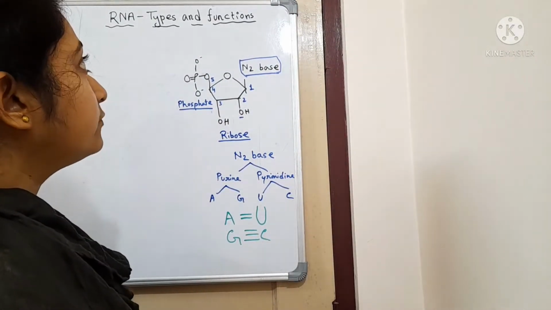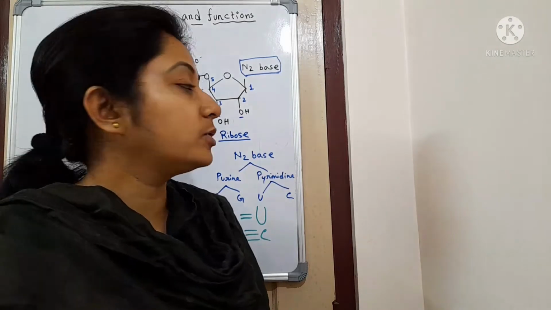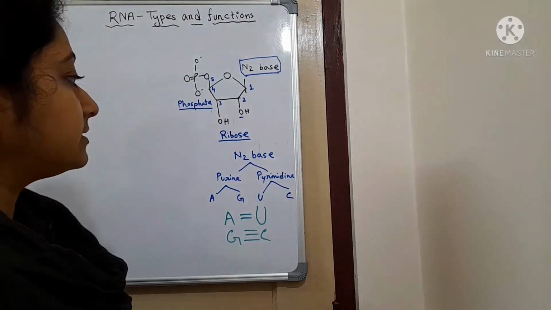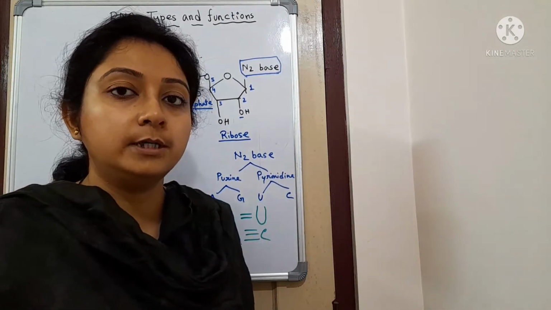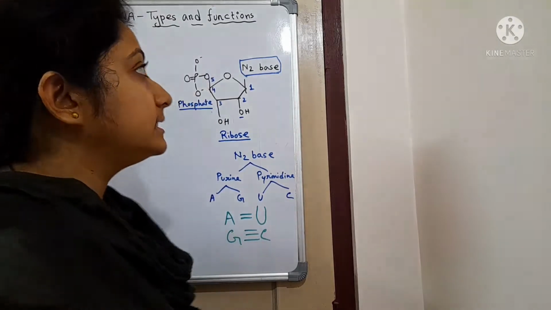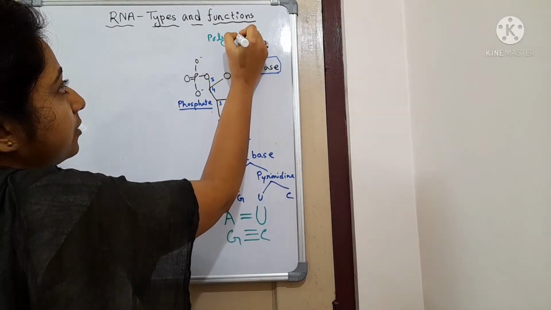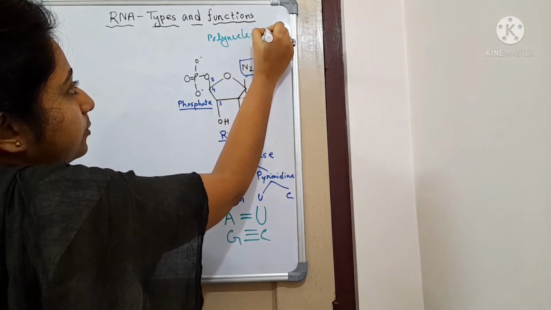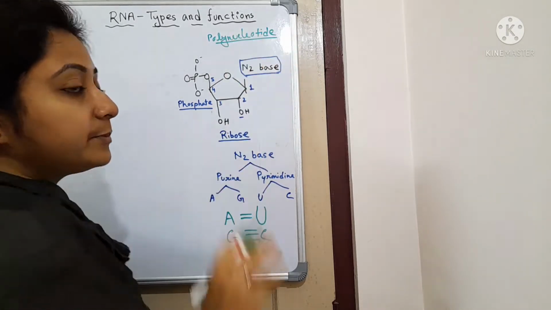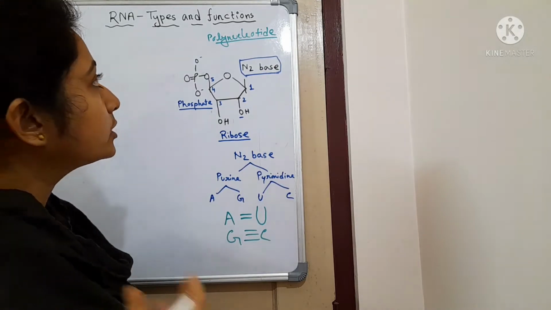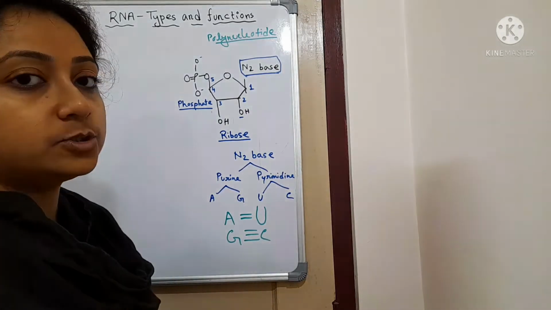So how can we define RNA or ribonucleic acid? Ribonucleic acid is basically a chain of polynucleotide molecules. Now what is the meaning of polynucleotide? Polynucleotide means multiple nucleotides, or more than one nucleotide residue, are present.